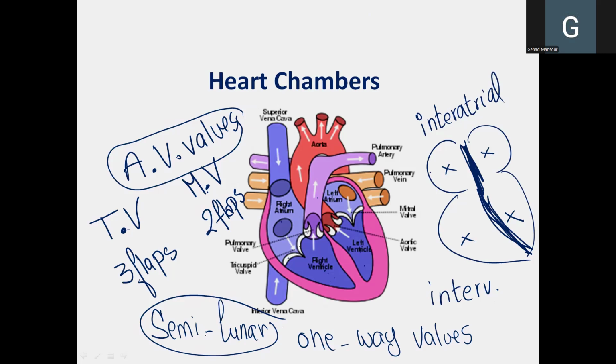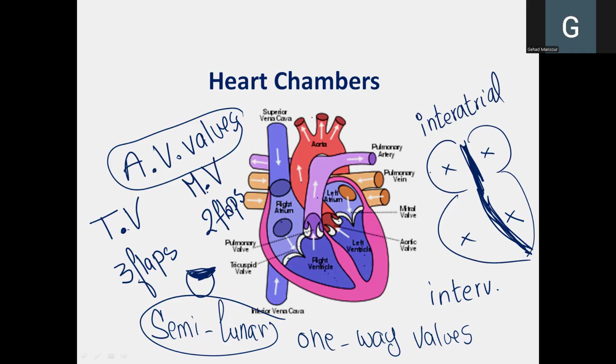And they are called semilunar valves because they are made of cusps that in the cross section look semilunar. And we have the aortic valve between the left ventricle and the aorta, and we have the pulmonary valve between the right ventricle and the pulmonary artery. Having mentioned this, you would have finished the inside anatomy of the heart.